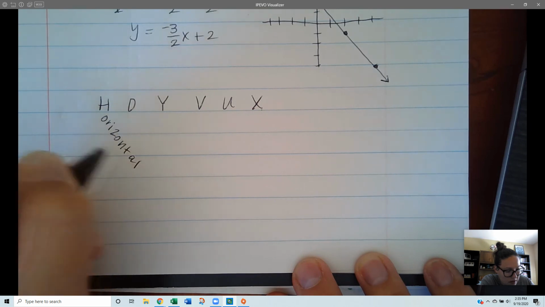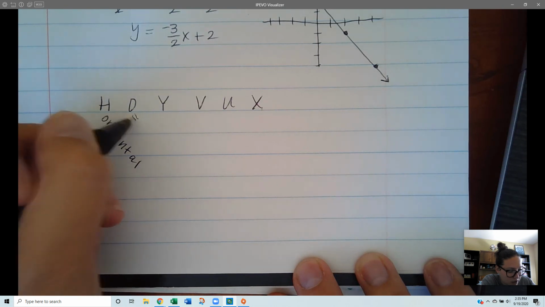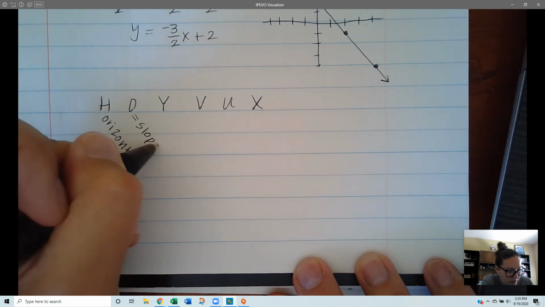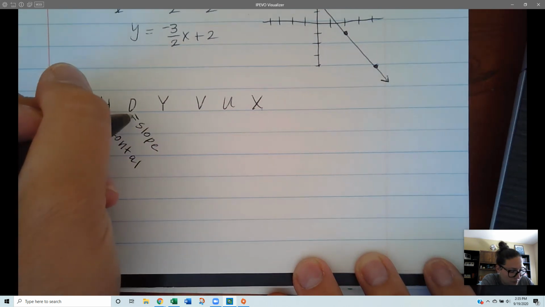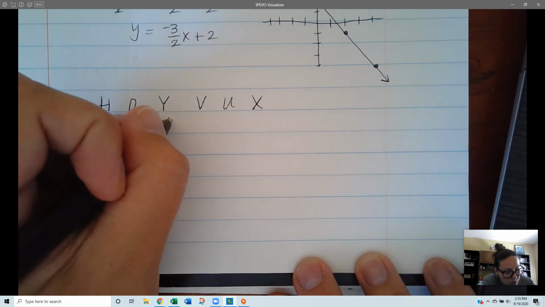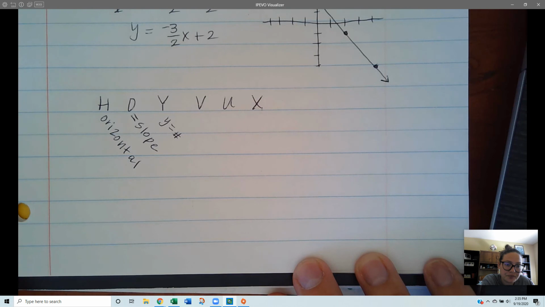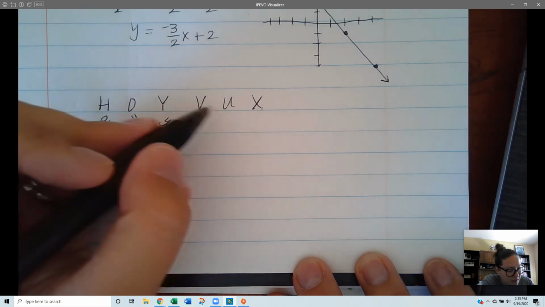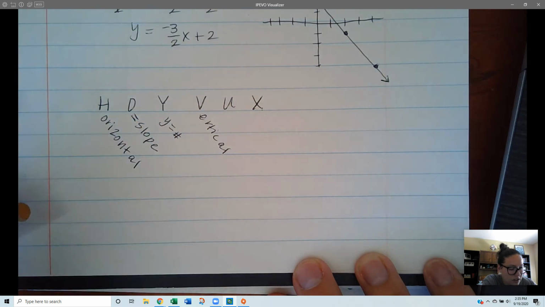And Y means that the equation is y equals some number. V stands for vertical. Vertical lines, the U is undefined slope. And the X is for the equation, which is x equals a number.